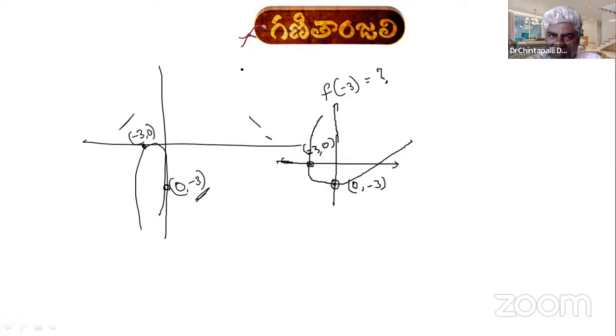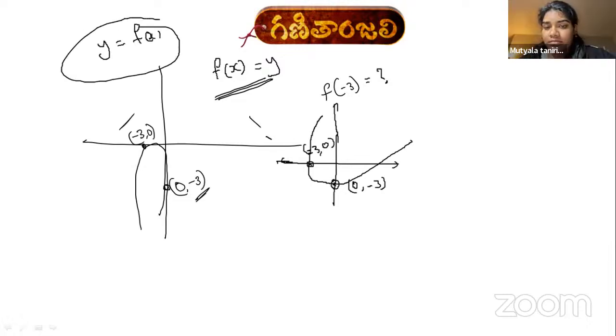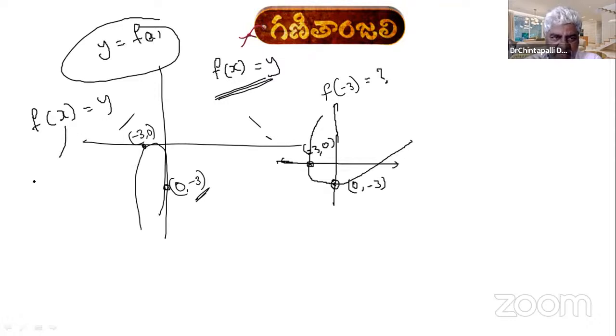First, to understand that, we must keep this point in mind: f of x is equal to y. That means y is equal to f of x. So in this notation, f of x is equal to y, the value f of -3 should be the y coordinate, not the x coordinate.